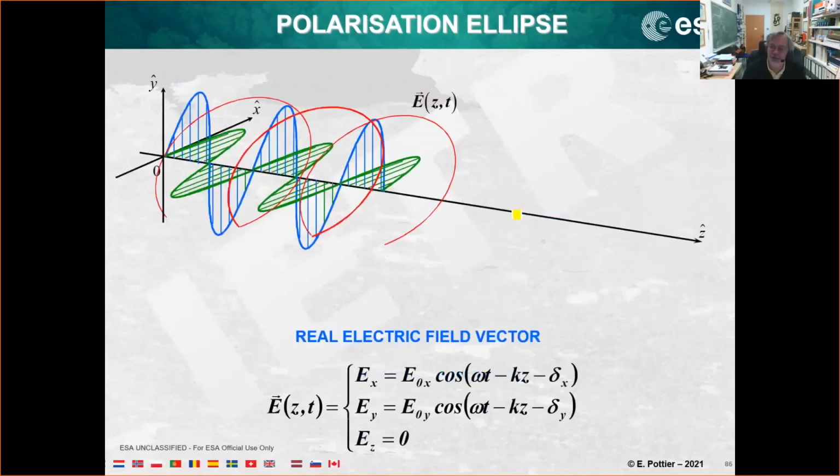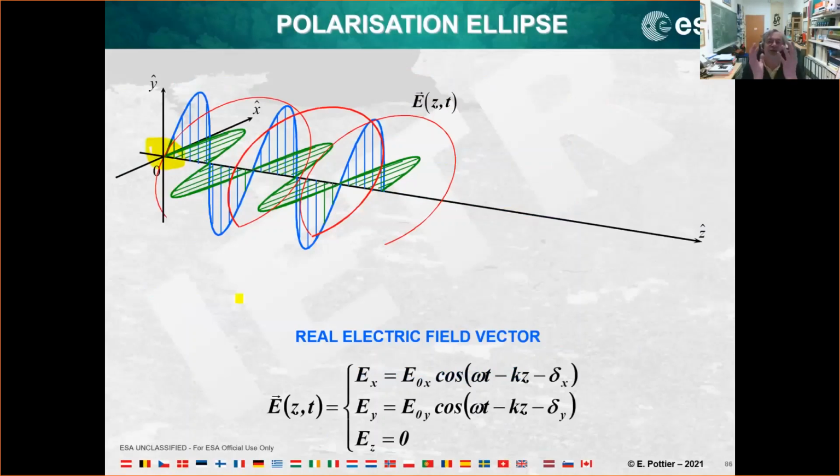Okay, so to illustrate what I said, this is the output of the antenna. So the antenna is here. And at the output of the antenna, you have two sinusoidal components. In blue, the vertical component. In green, the horizontal component.